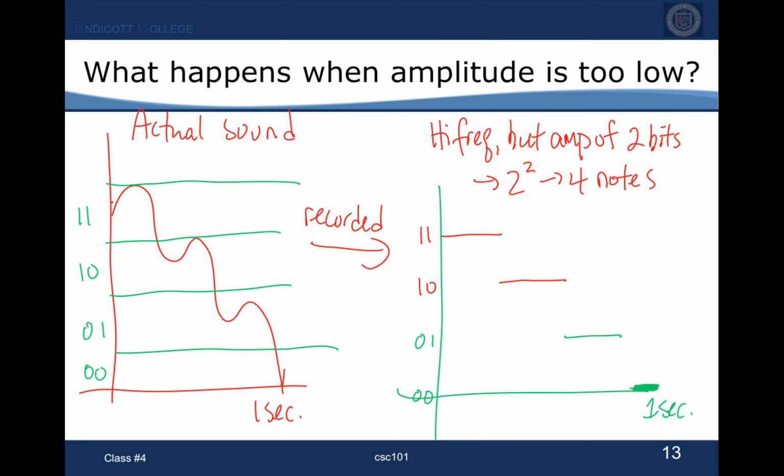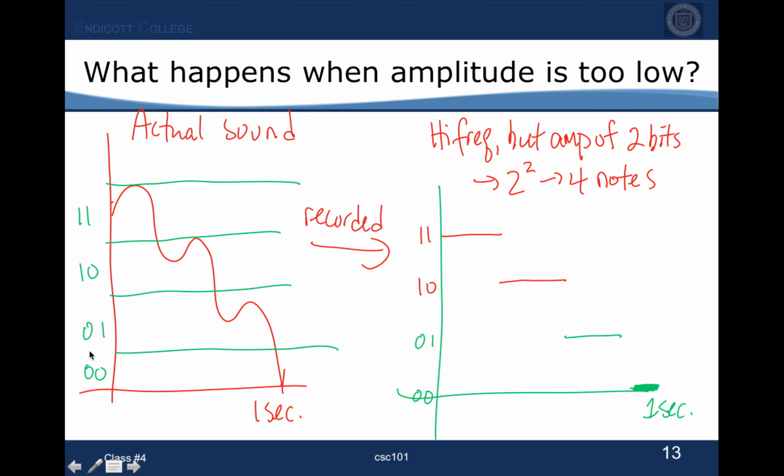However, if your amplitude is too low, remember amplitude says how much memory you use every time you make your recording. Well, let's use the same number and say I'm going to use 2 bits, which of course means I get only 4 distinguishable tones or notes. So if my amplitude is low, 2 bits, then I only have 4 codes, which should look familiar, right?